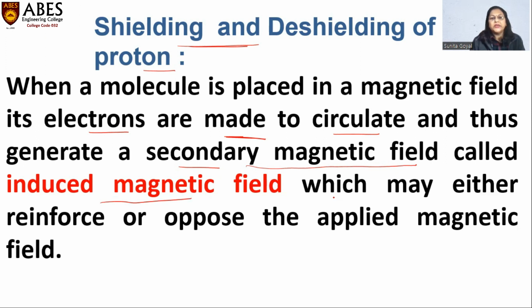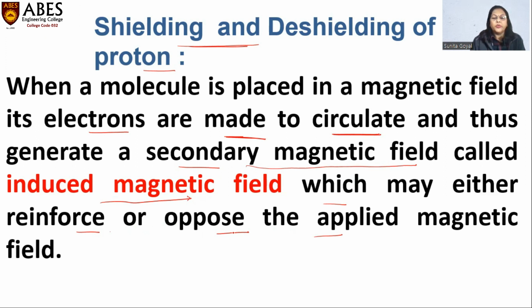This magnetic field, due to the circulation of electrons in the chemical bonds, may either reinforce or oppose the applied magnetic field. The direction of this field may reinforce, meaning align with the field, or it may oppose the field.